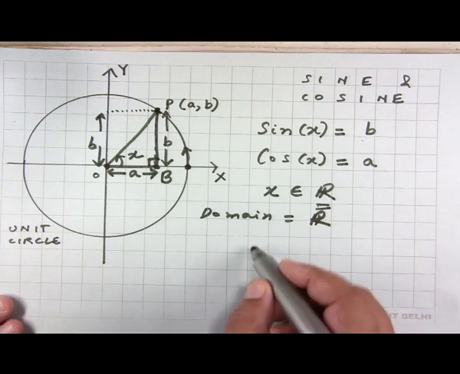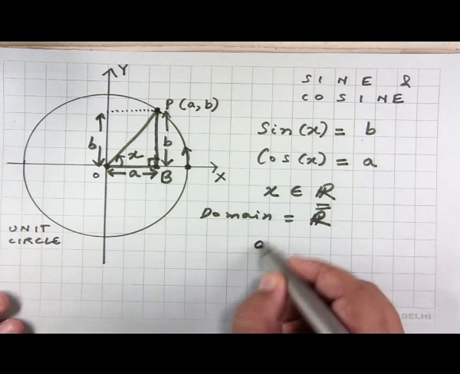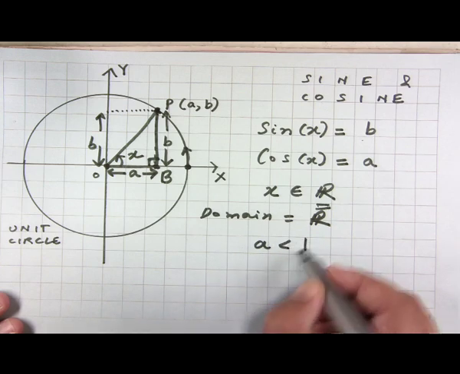So one thing is for sure: both have to be less than 1, they can be equal to 1 also.